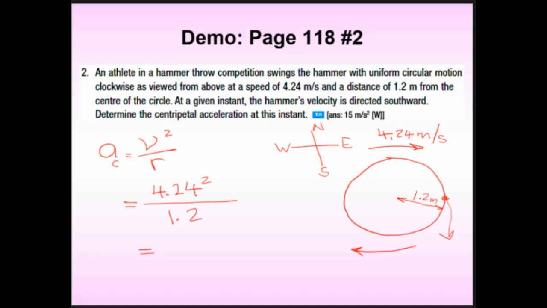How much? 14.98. In what unit? It's an acceleration, so it's meters per second squared. Now, sig figs. 3 and what? 2. What's this to 2 sig figs if you cut it right there? This is almost 15.